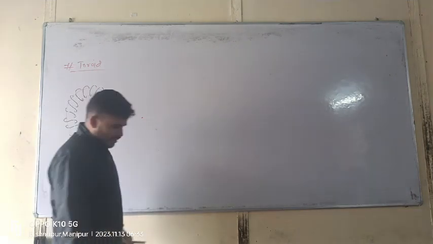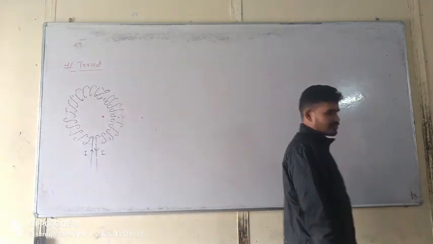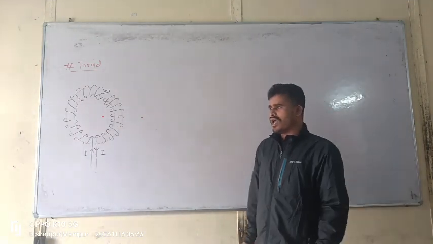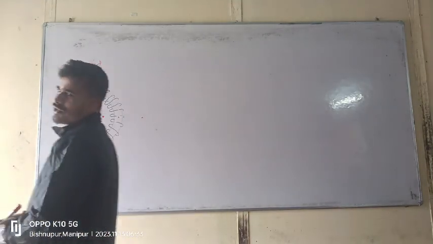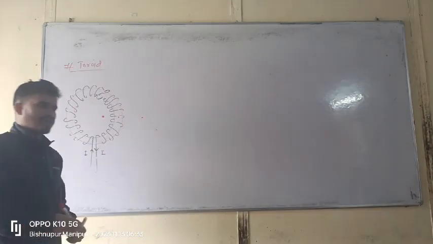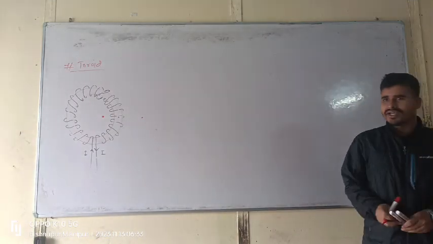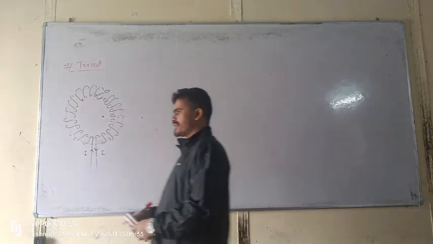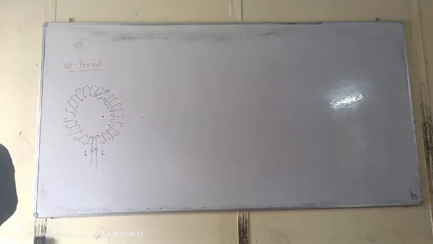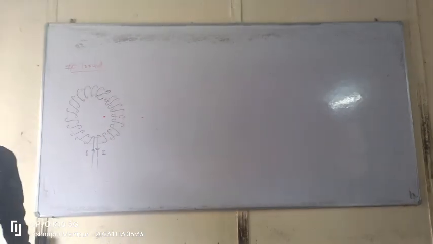Before going into the toroid, I want to recall Ampere's circuital law. What is that? If you go with Ampere's circuital law, you will find the idea of how to calculate the magnetic field.